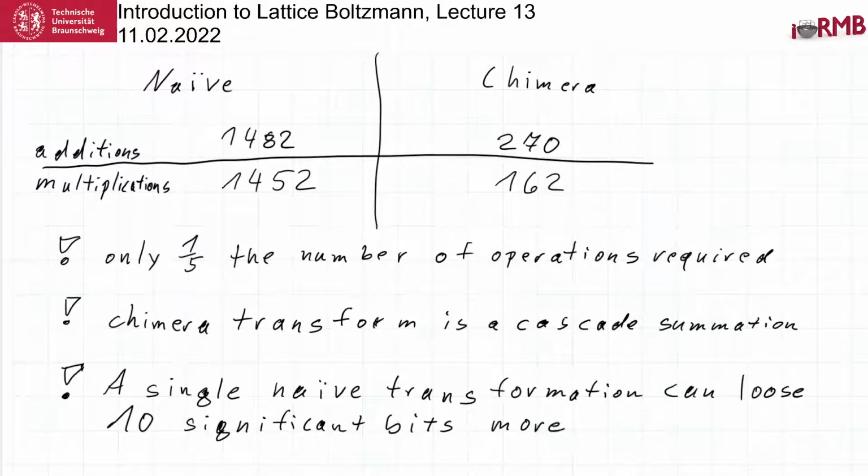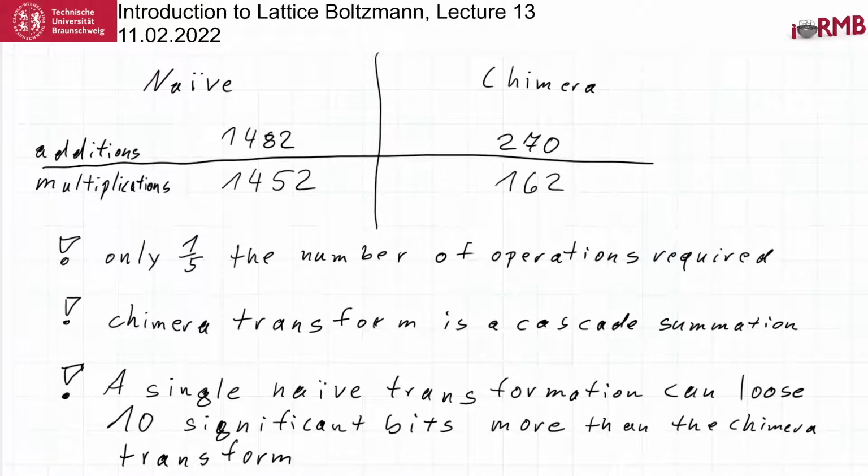It's not so that the Chimera transform doesn't lose anything, but the naive one can lose 10 significant bits more than the Chimera transform. The way you measure this is you do the forward transform and then the backward transform without collision. Forward and backward transform should give you the result that you had before.